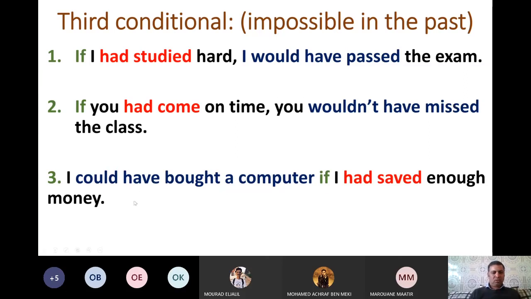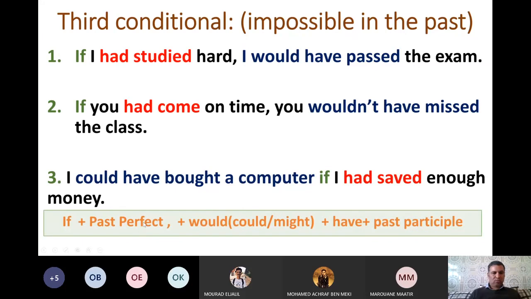Here we started with the main clause. I could have bought a computer if I had saved enough money. We used here could in the place of would. I want you to remember that in the place of would, we can use could or might, plus have, plus the past participle of buy, which is bought. And if I had saved is the past perfect.